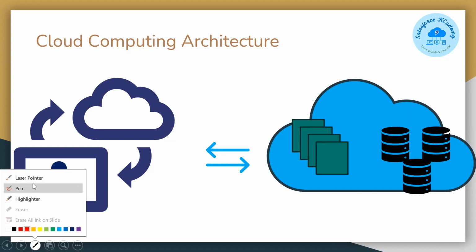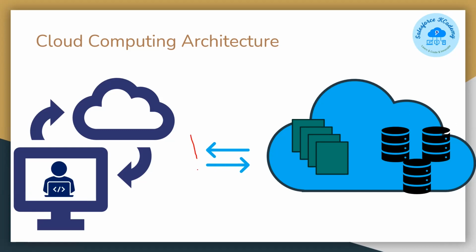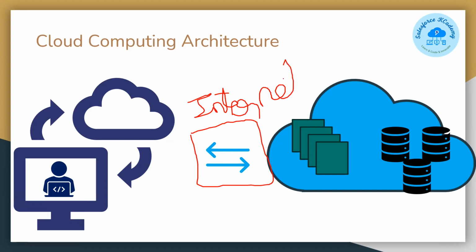So internet is the one which is playing a key role in cloud computing or cloud architecture, and this will connect you with the data or services. I'll tell you what are services.